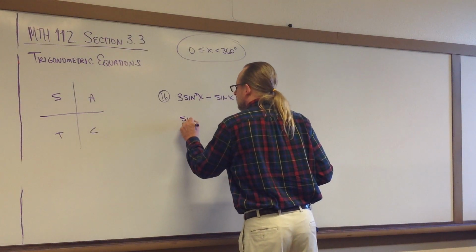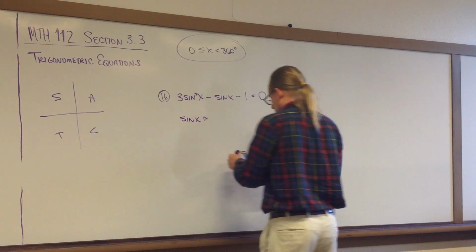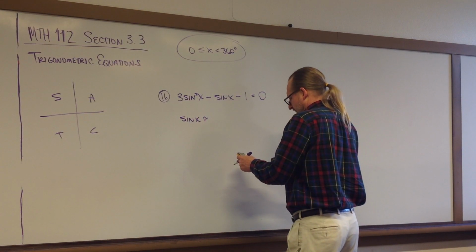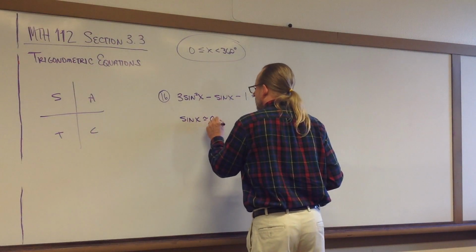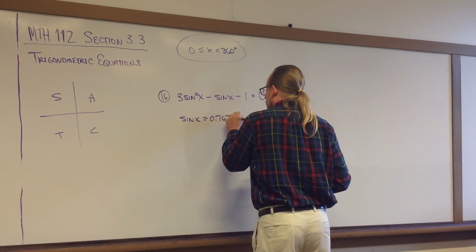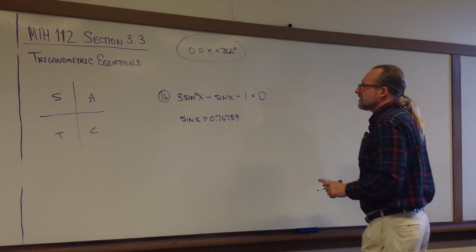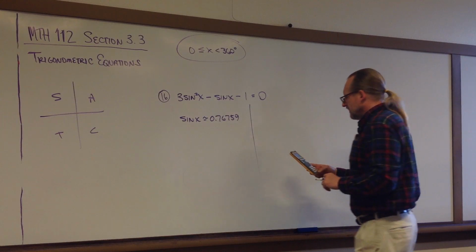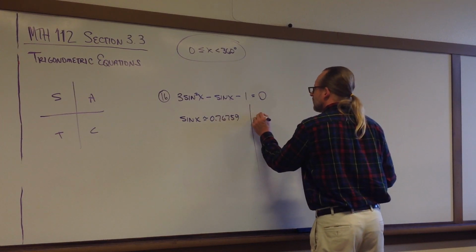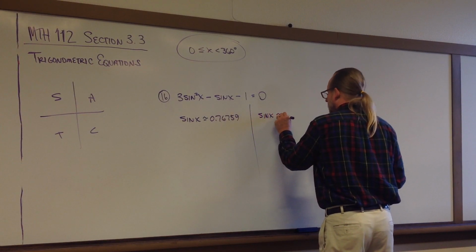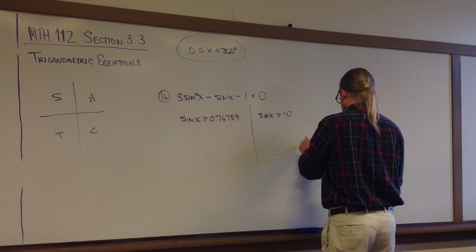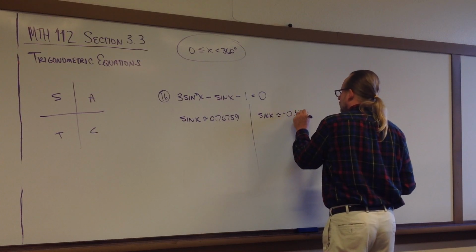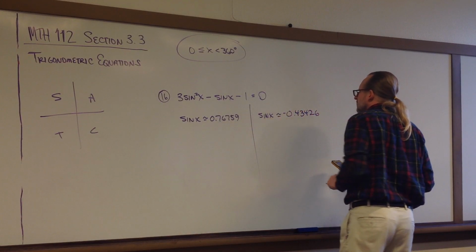And what we get is sine of x is approximately 0.76759. It probably wouldn't be the end of the world if I called that 0.7676. But we definitely want to go 4 digits if we're going to approximate these. The other one is sine x is approximately negative 0.43426.